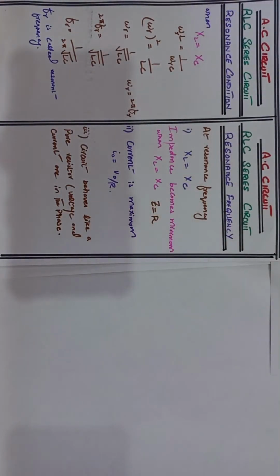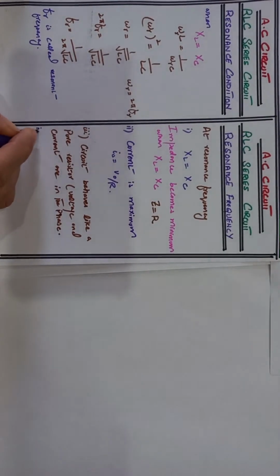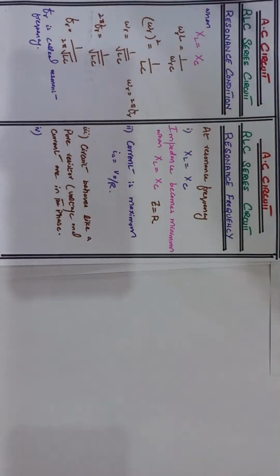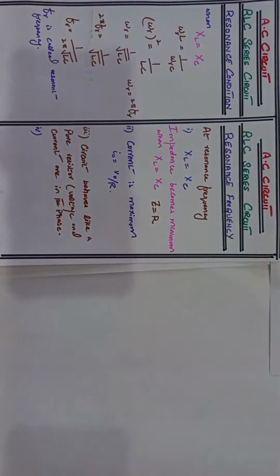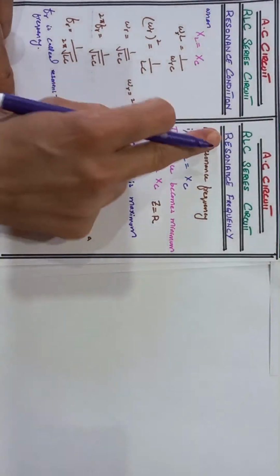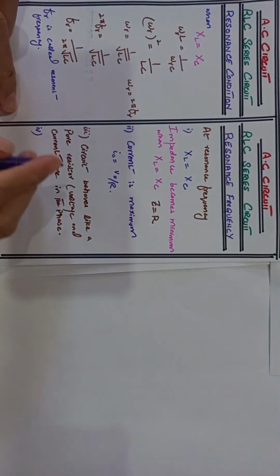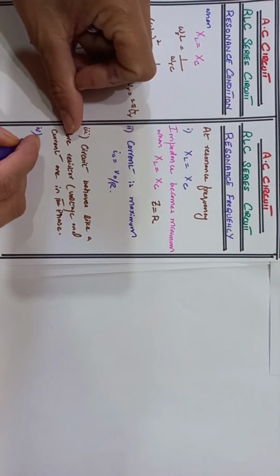Okay, next we discuss the acceptor circuit. What is the acceptor circuit? The RLC series resonance circuit is also called the acceptor circuit. Why is it called that? When multiple frequencies are supplied, the circuit accepts only the resonant frequency and rejects all other frequencies. That is why it is called the acceptor circuit.